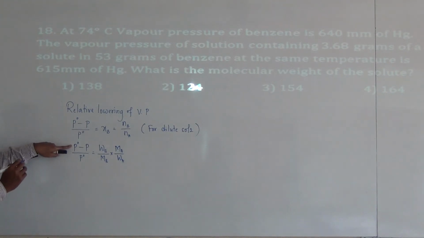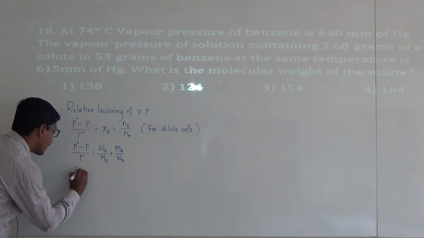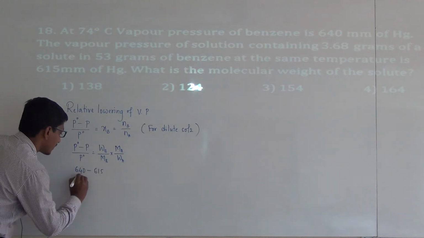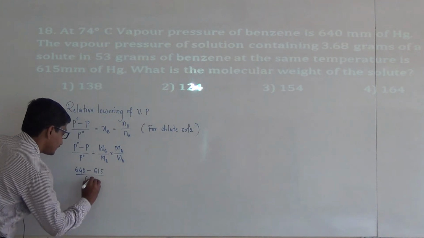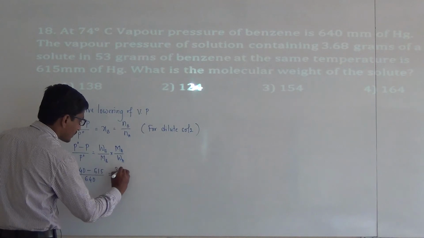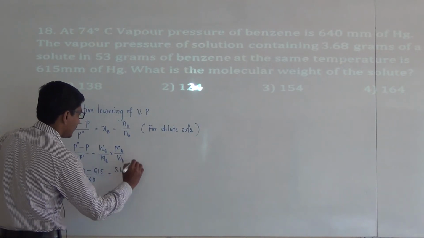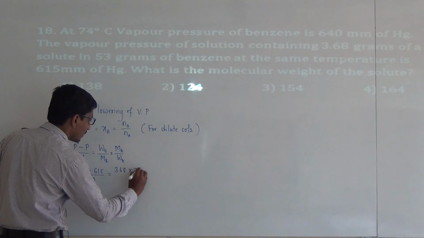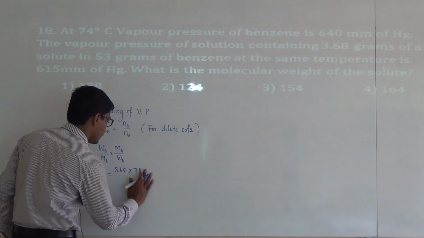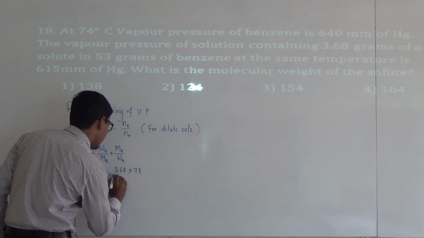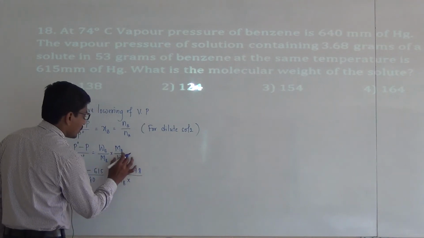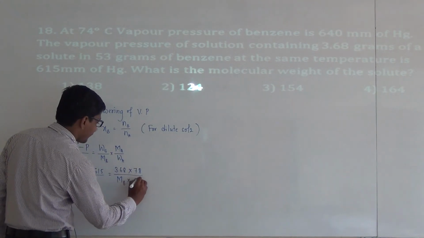The vapor pressure of pure benzene is 640 and the vapor pressure of solution is 615. So this is equal to WB, 3.68, into the molar mass of benzene, 78, divided by MB into the weight of solvent, 53.